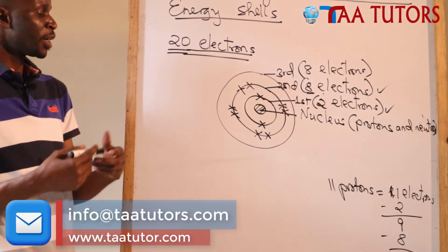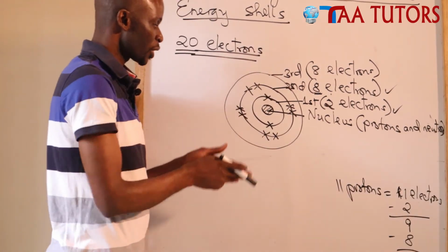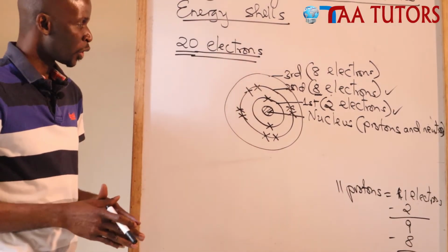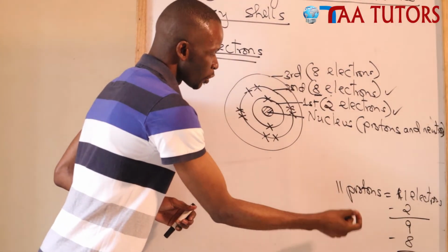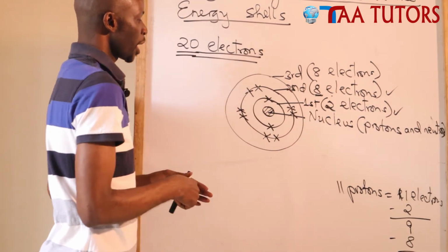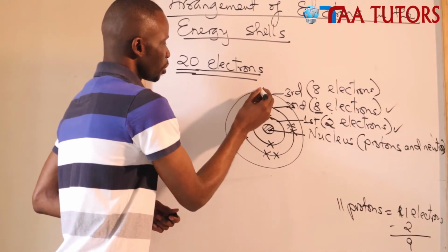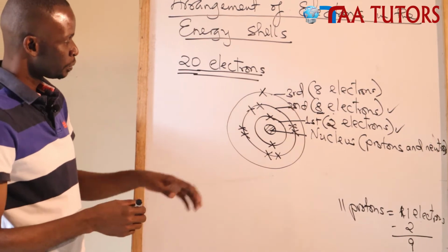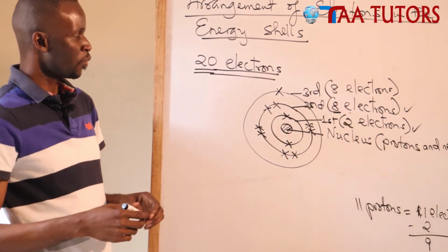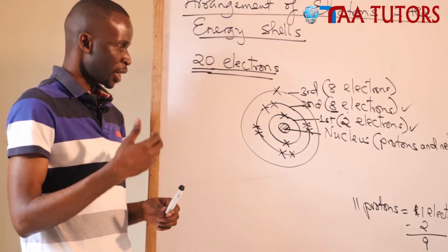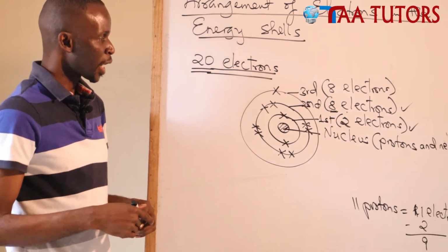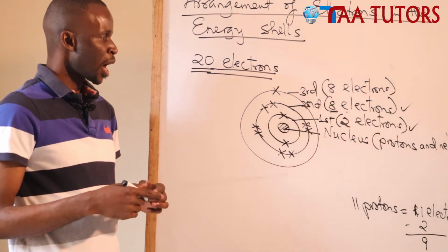Viewers, we cannot say 1 is not really big. A rule is a rule, we have to follow it. So that 1 electron that remains, we carry it to the next energy shell. So this is how electrons are arranged in an atom of sodium.